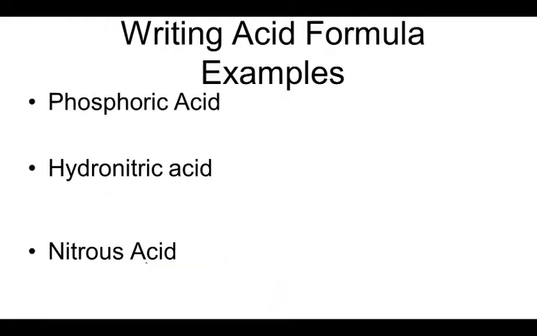Alright, here we go, phosphoric acid. So now you're going to walk backwards. So this is ic. Remember, there's no hydro on the front, so you know that it's some sort of polyatomic. Okay, so now if we're going to turn the phosphoric into its polyatomic, we know the ic turned into ate, right?